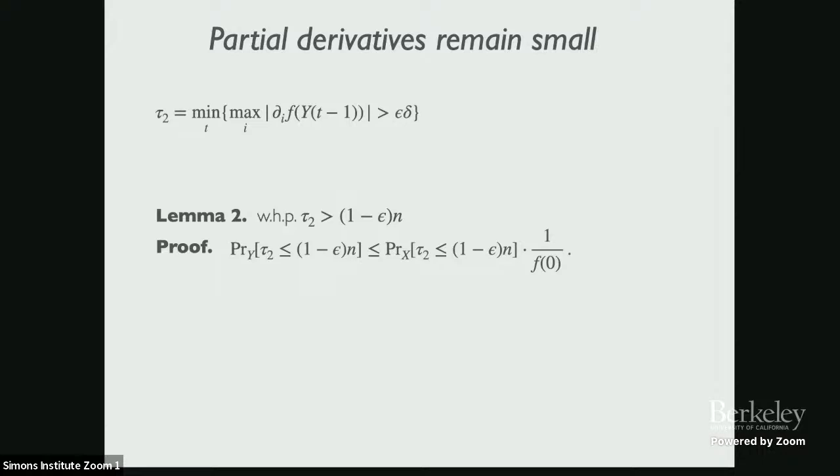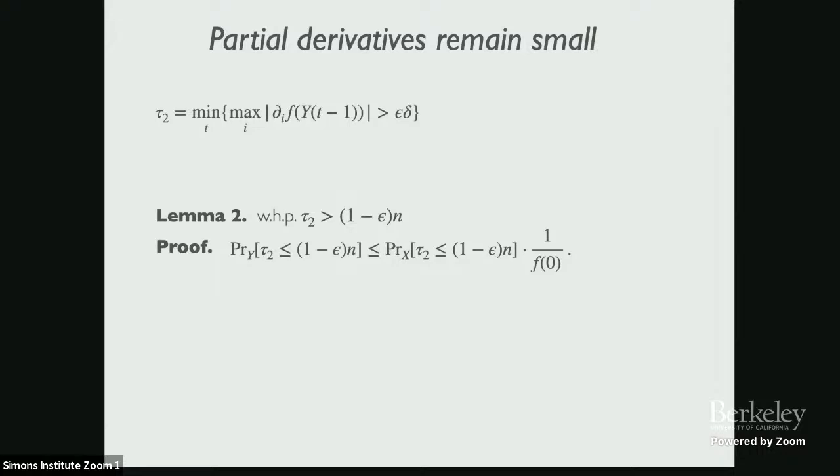So again, we are going to use the fact that our conditional process, in some sense, is not too far away from the uniform process. So in particular, I claim that we only need to bound the probability, on the uniform random process, that the partial derivative becomes too large.